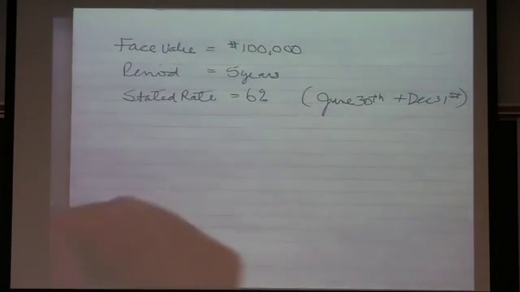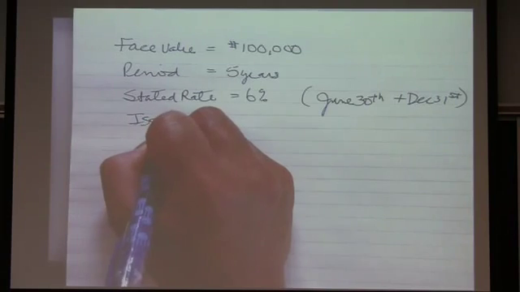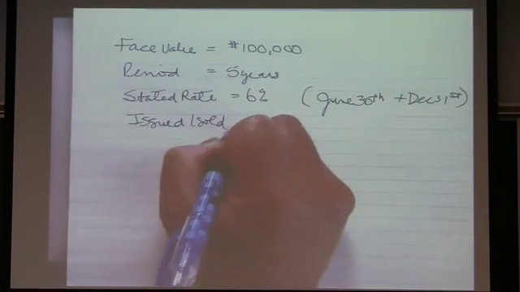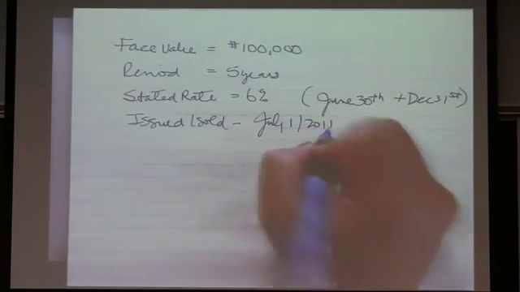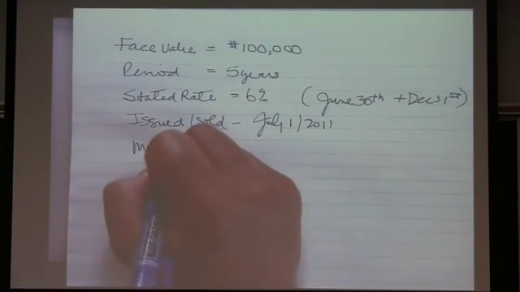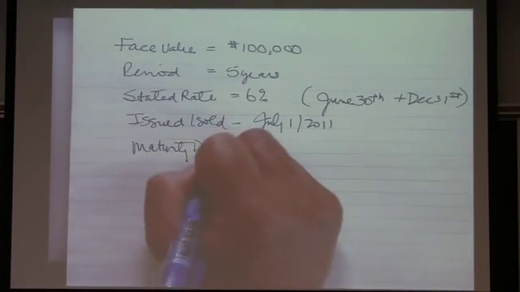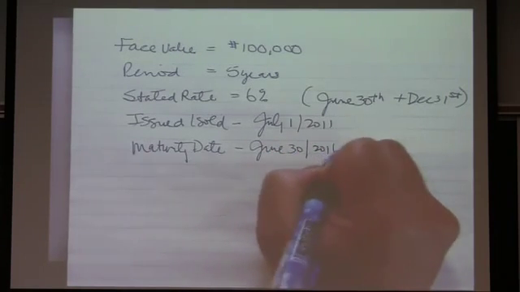Now, we're going to assume that the bond was issued and sold on July 1st, 2011. And the maturity date is June 30th, 2016.